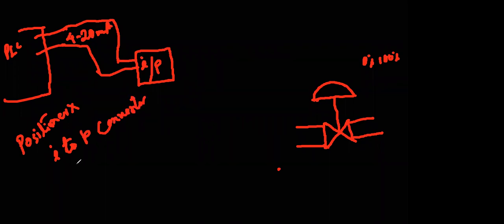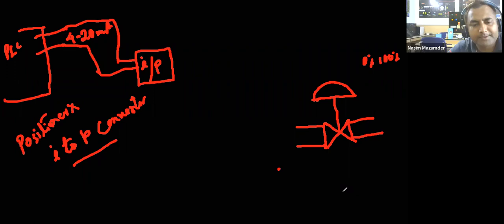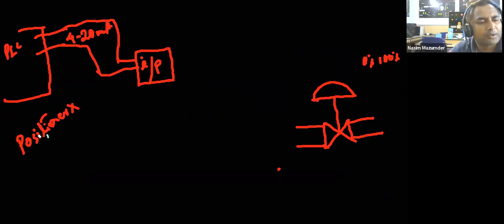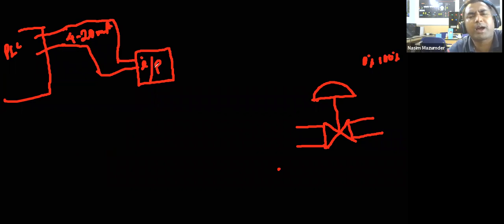This is called an electro-to-pneumatic converter, a current to pneumatic converter. So I have to use an I2P converter. I2P means current to pneumatic converter.